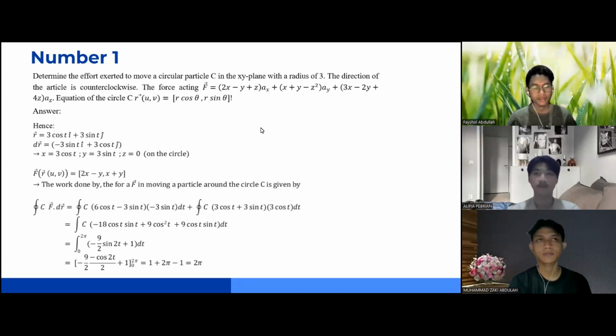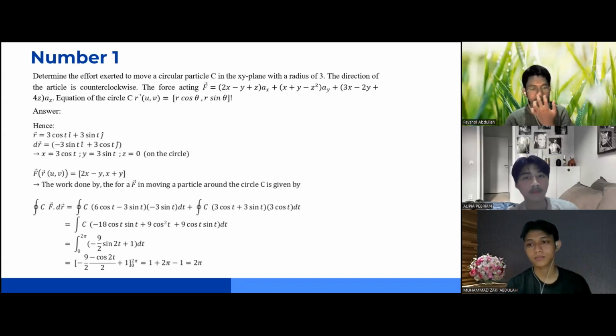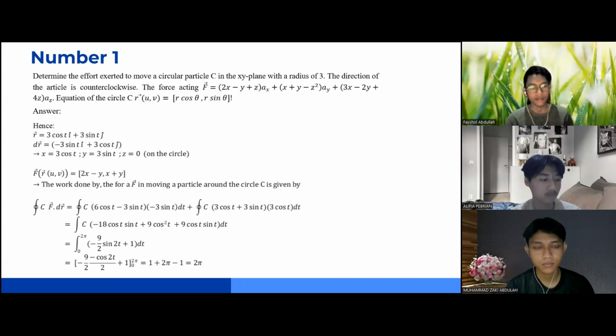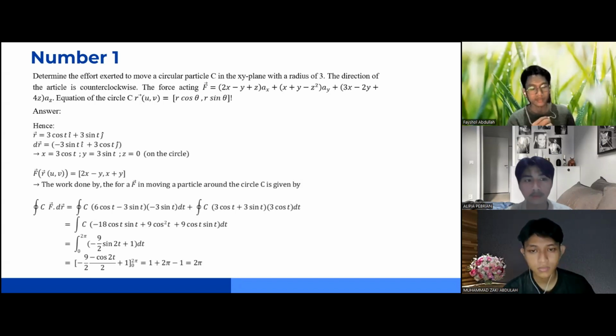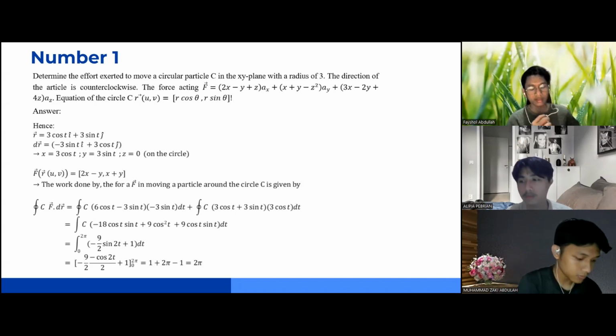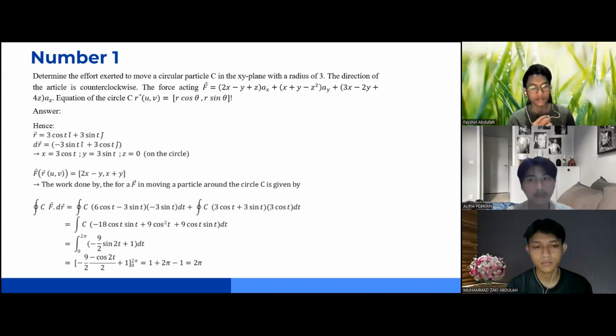To find the work done by the vector field, we use the line integral over C of F dot dr: the integral of (6 cos t - 3 sin t)(-3 sin t) dt plus the integral of (3 cos t + 3 sin t)(3 cos t) dt. The result is the integral of -18 cos t sin t + 9 cos² t + 9 cos t sin t dt, which becomes the integral from 0 to 2π of (-9/2 sin 2t + 1) dt.